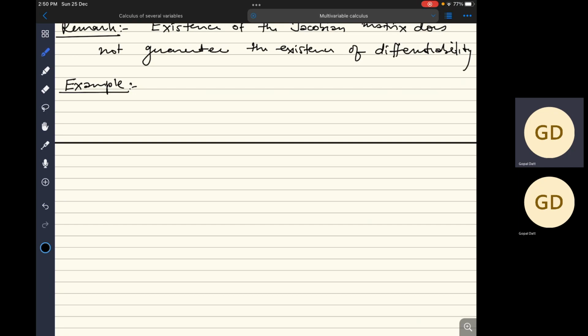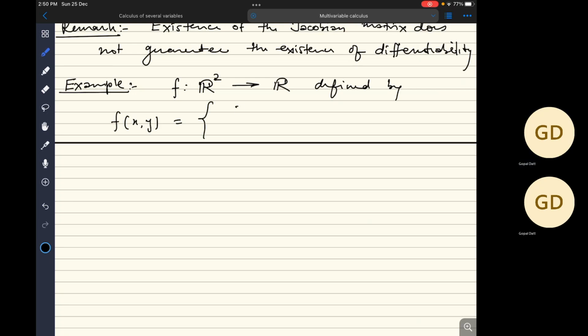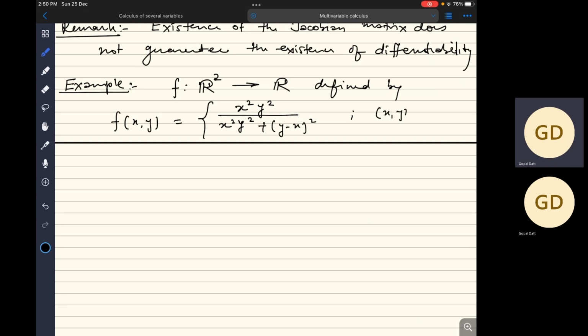Suppose f is a function from R2 to R defined by f(x,y) = x square y square divided by x square y square plus (y minus x square) when xy is non-zero, and 0 if xy is 0.